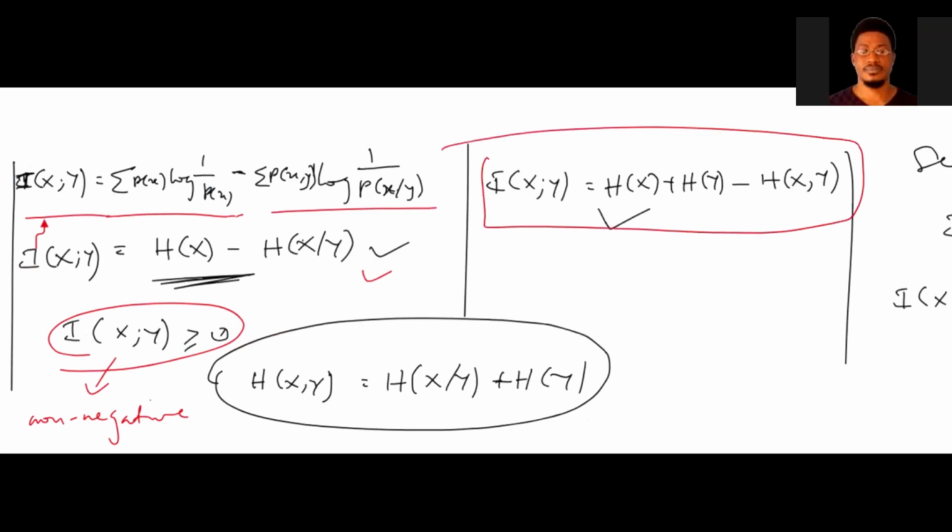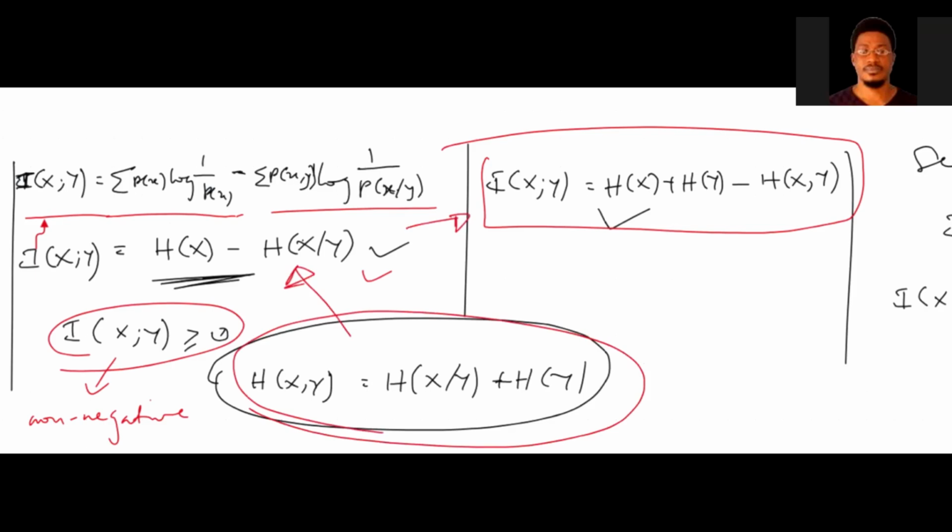And now that we have all of these, we can equally show that the mutual information is the same as H of X, the input entropy, plus the output entropy, minus the joint entropy. And that is pretty easy, okay?